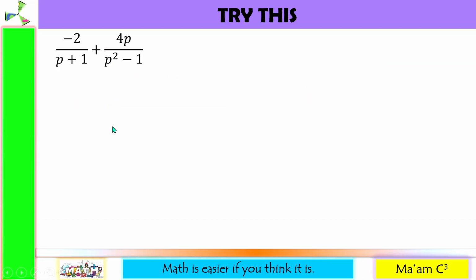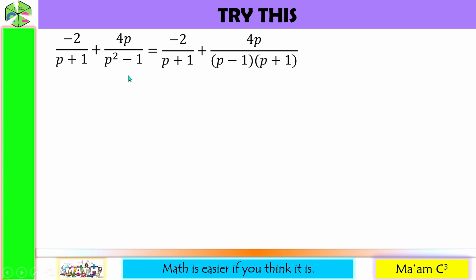Try this. We have negative 2 over p plus 1 plus 4p over p squared minus 1. This is already prime, so I'll just copy this one. And then in here, I could factor out the denominator as quantity p minus 1 times p plus 1. Difference of two squares. Let us determine the LCD. We have p plus 1. I also have p plus 1. So I will consider p plus 1 and p minus 1.